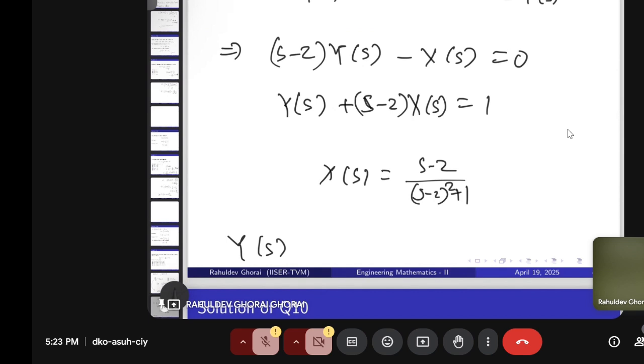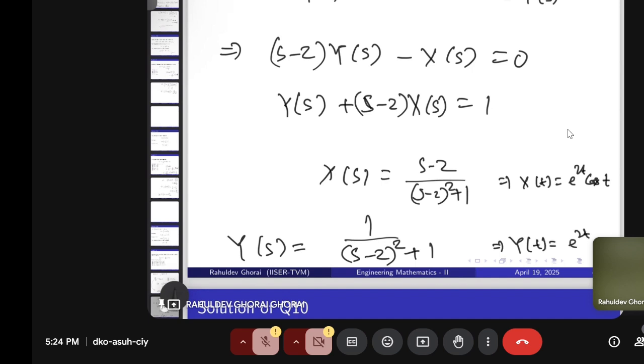So from here what you can see, x(t) is e to the power 2t times cos t, and from here y(t) is equal to e to the power 2t times sin t.